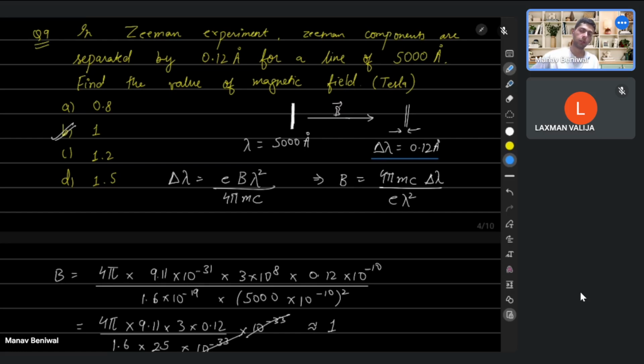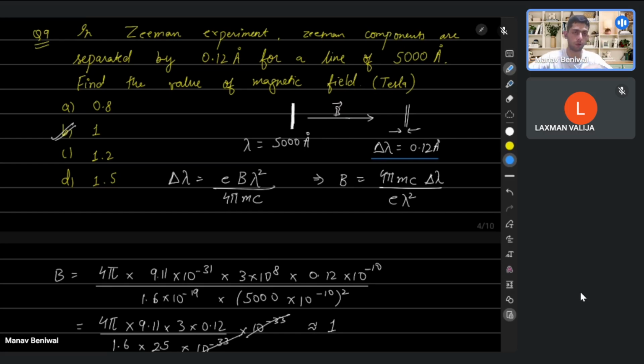And to observe this splitting, we need good spectrometers, right? In the earlier times, when Balmer was observing hydrogen spectra, he could not detect this splitting using his spectrometer, because the resolution of the spectrometer should be smaller than 0.12 angstroms.